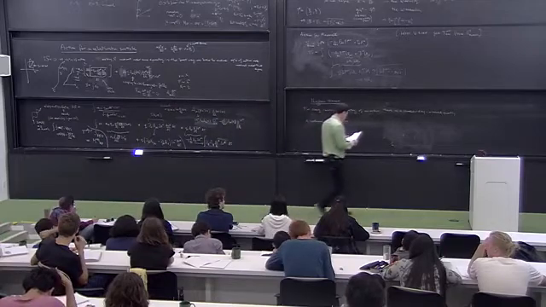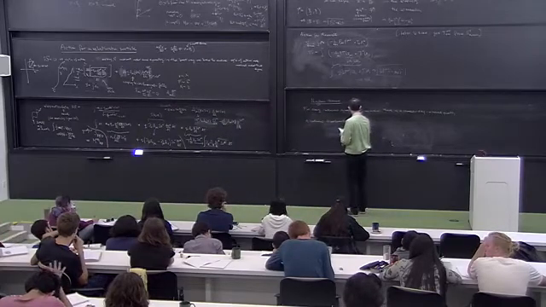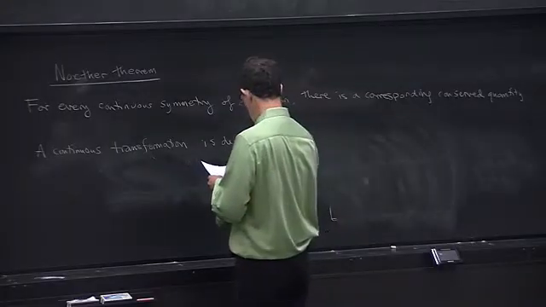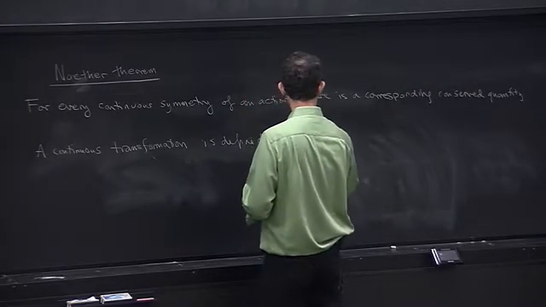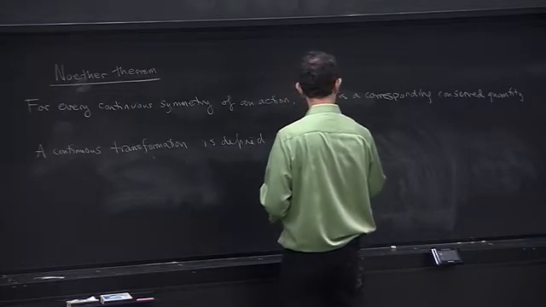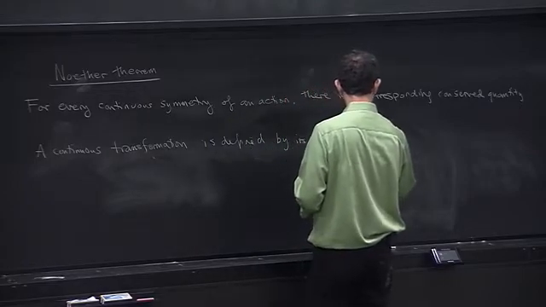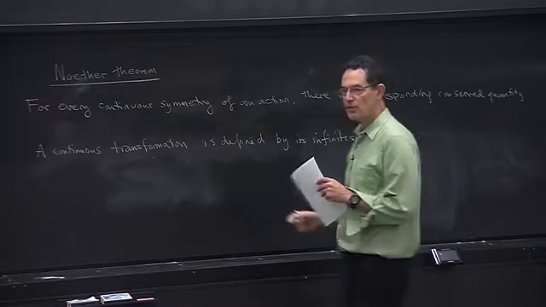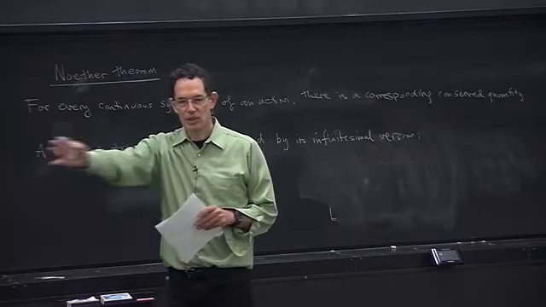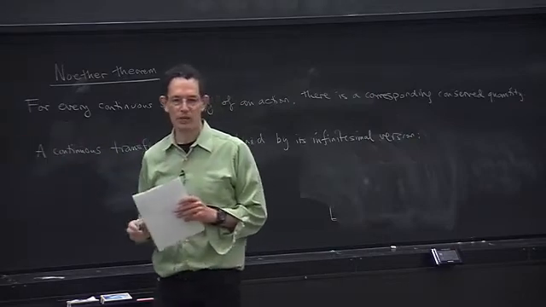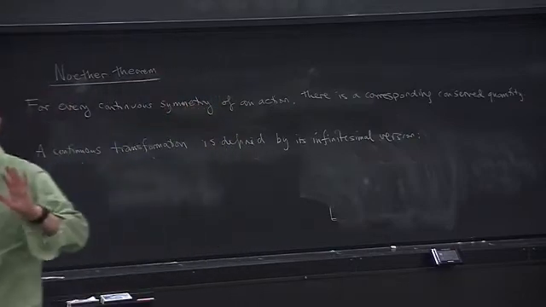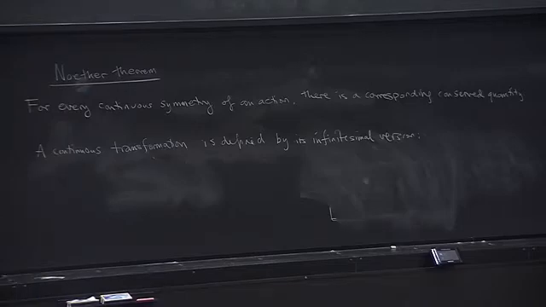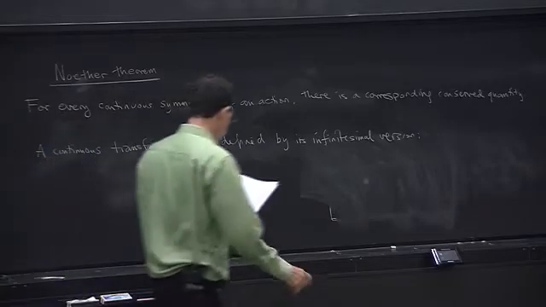So a continuous transformation is defined by its infinitesimal version. If I do a continuous transformation like a rotation, I can always imagine doing a very small rotation. That's very convenient for many purposes, and in particular it's sufficient for Noether's theorem. All you need is the small, arbitrarily small transformation.